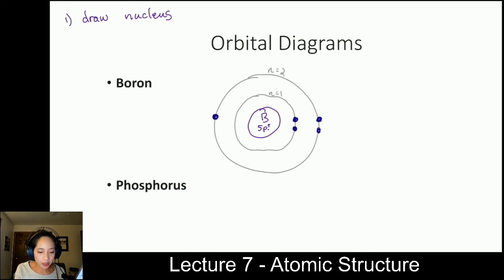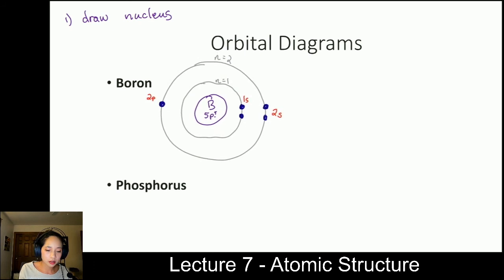So I'll just draw it over here. So this is what boron would look like, where there's a pair of electrons within our 1s subshell, 2 electrons in our 2s subshell, and then 1 electron within our 2p subshell. All right, I'm going to just move this so I have room for phosphorus. All right, so there's boron.